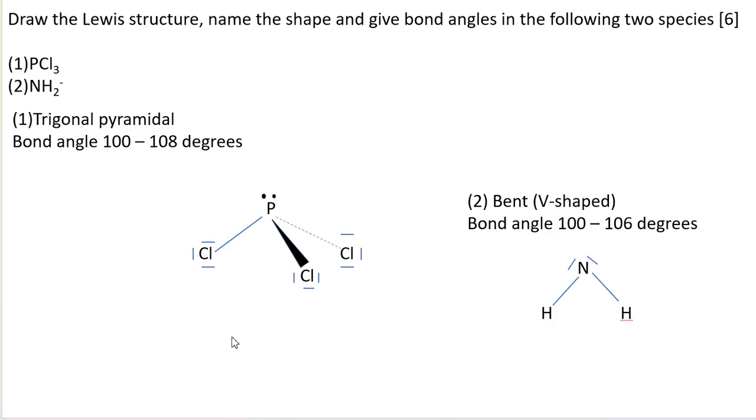It's a Lewis structure. Name the shape. Well, it's based on a tetrahedron. I have 1 non-bonded pair replacing a bonded pair: trigonal pyramidal. Be okay if you said triangular pyramidal.